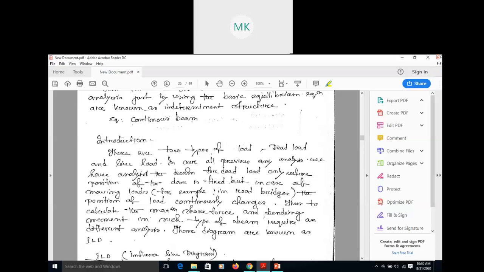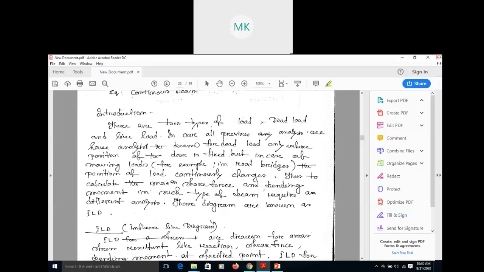Okay, as you can see, there are two types of load: dead load and live load. In all our previous analysis, we did it only for dead load, but here, in case of moving loads, say in road bridges, the position of load continuously changes, so we need to check how the effect comes from this type of load. Okay.